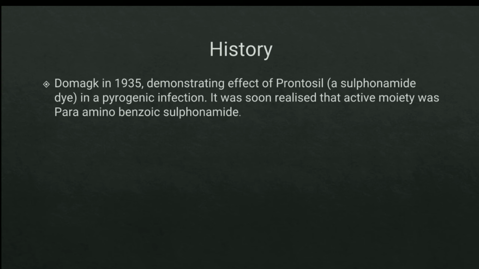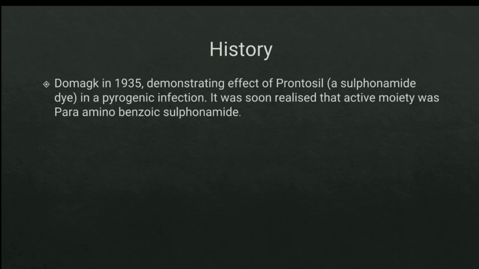If we see the history, then we have to go back to 1935. In 1935, Domagk was doing some experiments on Prontosil. Prontosil is basically a sulfonamide dye, used in a pyogenic infection.